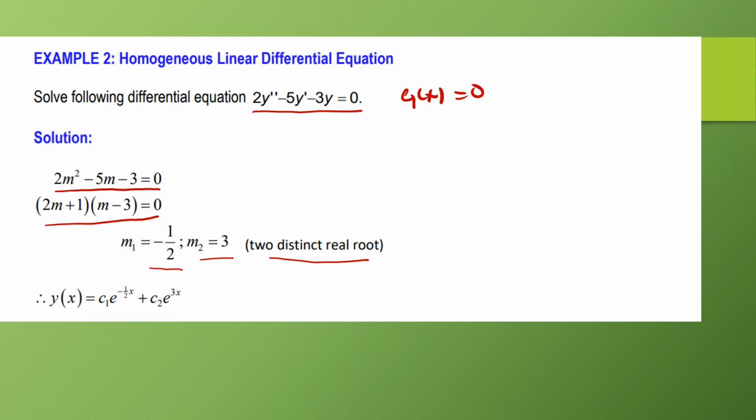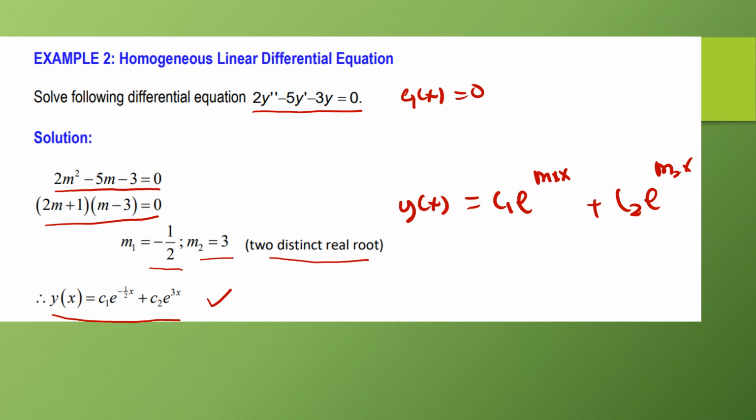Based on these roots, our general solution is y of x equal to c1 exponent of m1x plus c2 exponent of m2x. Therefore, our general solution here is y of x equivalent with c1 exponent of negative 1 over 2x plus c2 exponent of 3x.